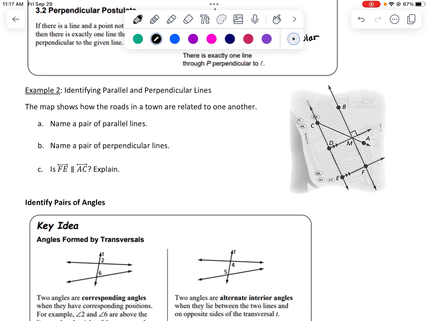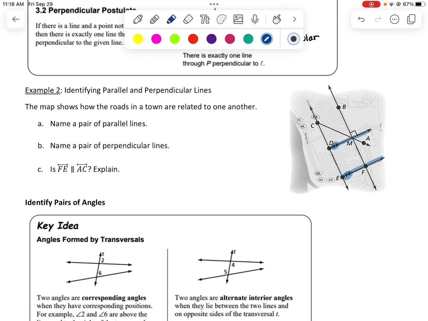So looking at example 2, again, I'm going to try to highlight some things to make it a little bit clearer. So here's a road map that we have, and we want to name one pair of parallel lines. Now, there might be multiple, but we're looking for one pair. Do not assume, we have to know for sure. So I'm just going to come in here. See how this has 2 arrows and this has 2 arrows? That means that these lines are parallel.